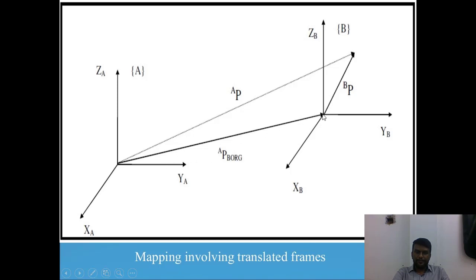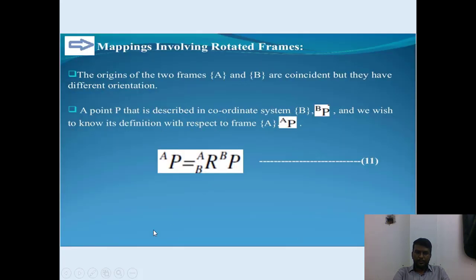We know the location of the origin of frame B relative to the origin of frame A, and the position of point P in frame B. If we add these two, we get the position of point P relative to A.